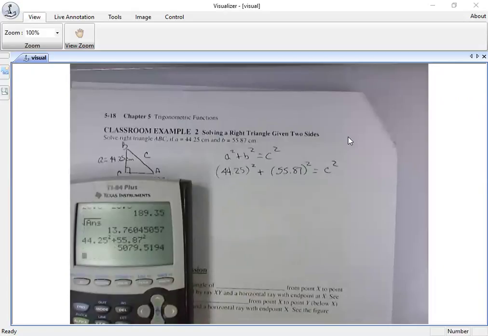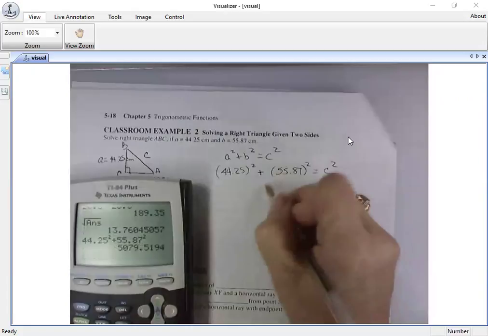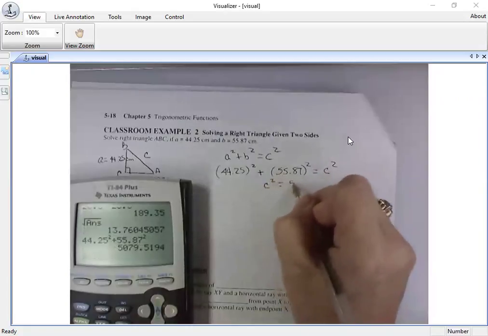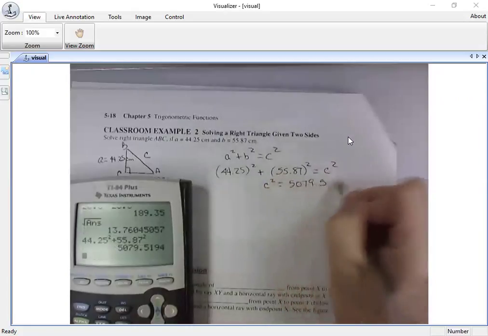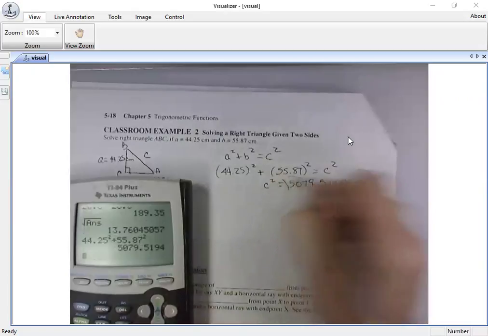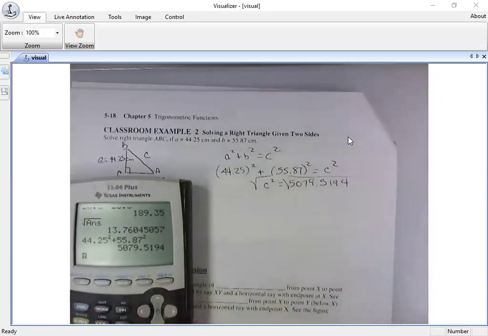And that's the number I have. So to get C, I will do what to this number? Take the square root. So I'm going to take the square root of that number.